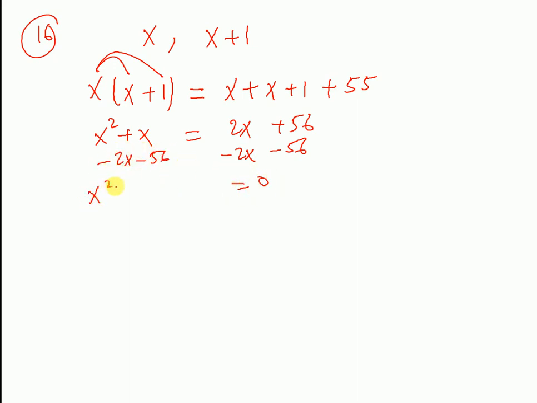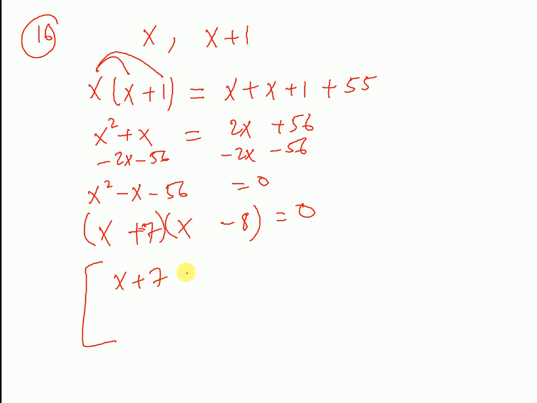I have x squared, x minus 2x, that's minus x, minus 56 equal to 0. And you can factor this into x and x, and we can go with 7 and minus 8, because 7 times minus 8 is minus 56, and 7 plus minus 8 gives you minus 1 here. So that's equal to 0.